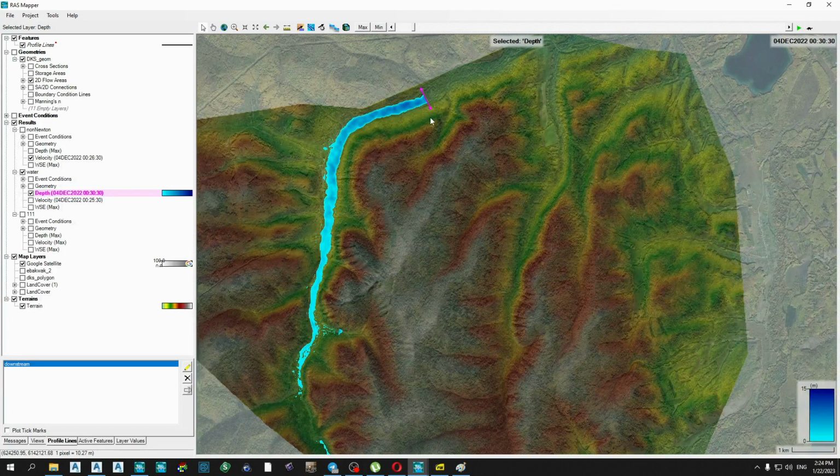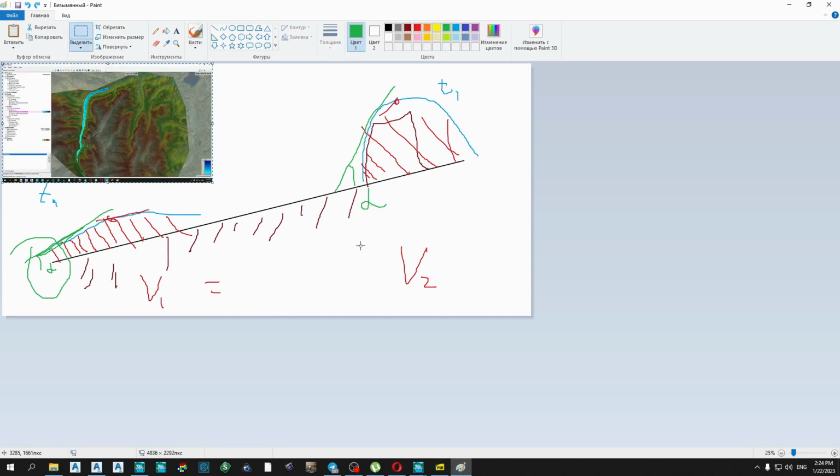They are different things. And it's incorrect to take the terrain slope, go into a normal depth condition and write the terrain slope there.